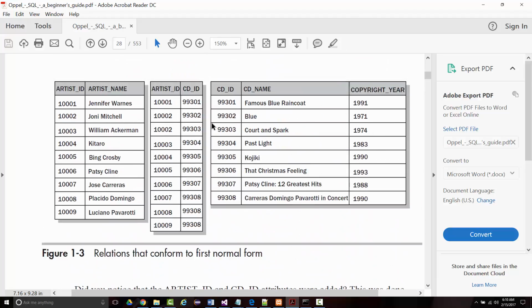So if we look at this, we can say that artist name is functionally dependent upon artist ID. We can say that the CD name and the copyright year are both functionally dependent on CD ID. Looking at it another way, we can say that artist ID functionally determines artist name, and CD ID functionally determines CD name and copyright year.